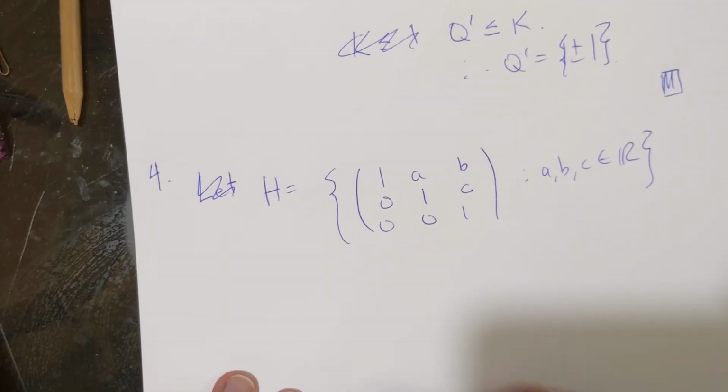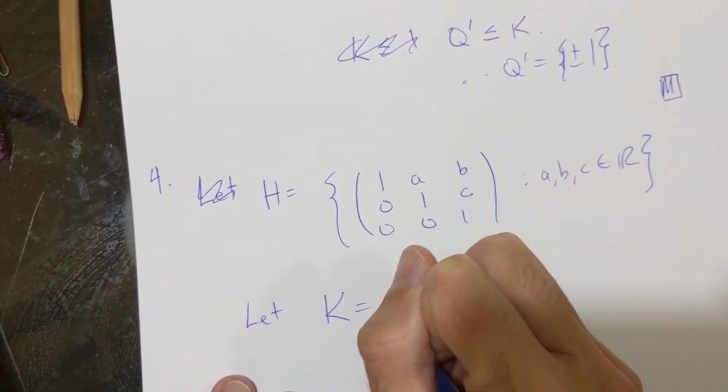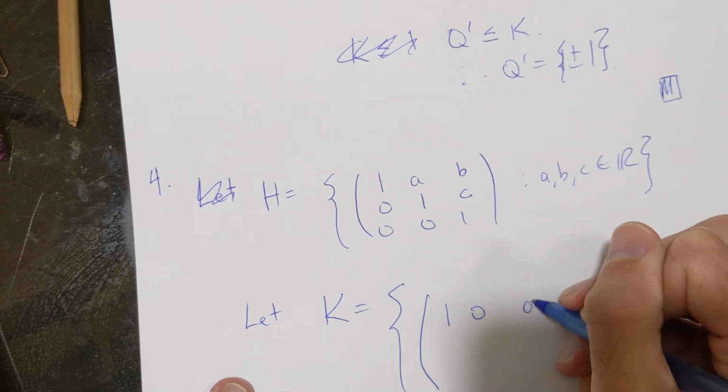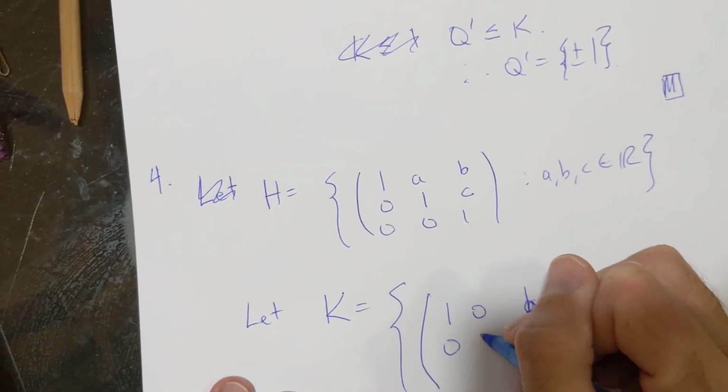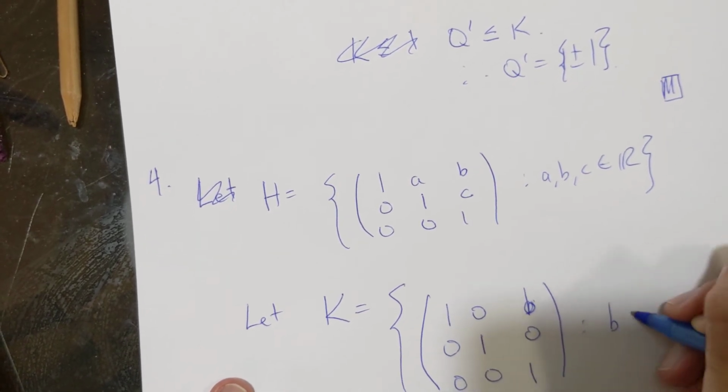Oops, sorry. And let's let K be this matrix, 1, 0, with a B, and B is any real number.